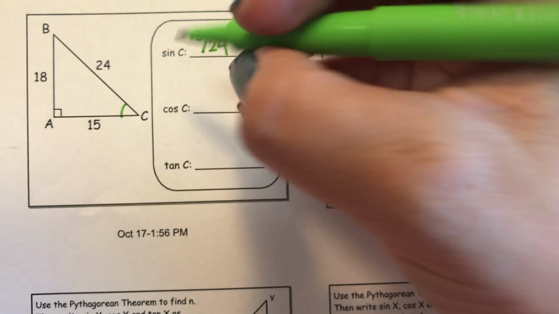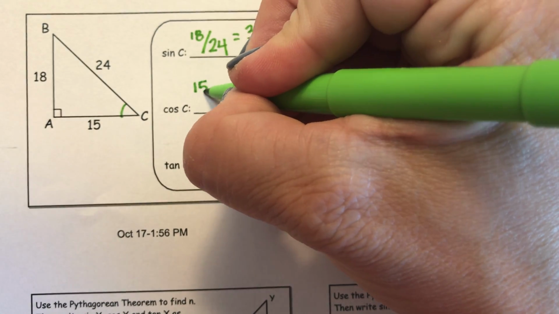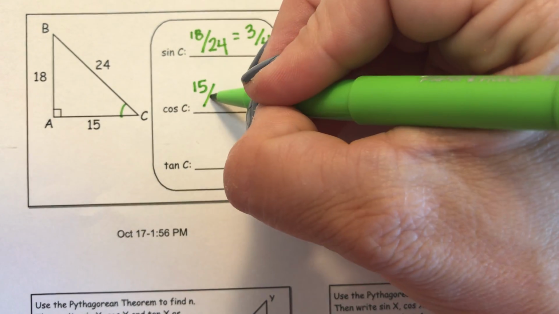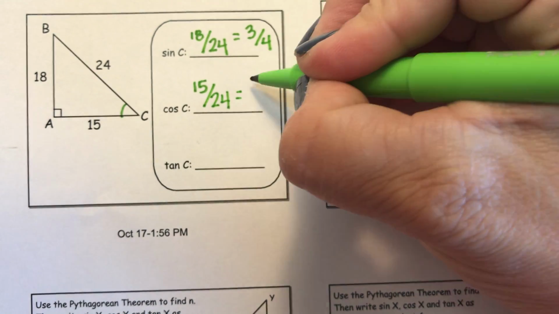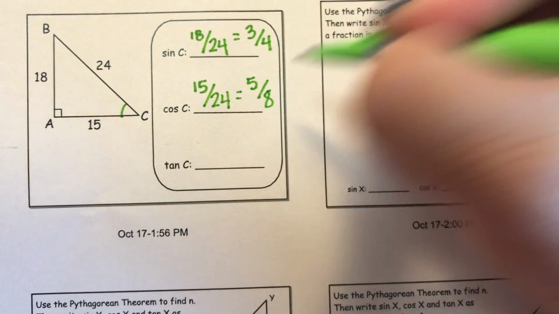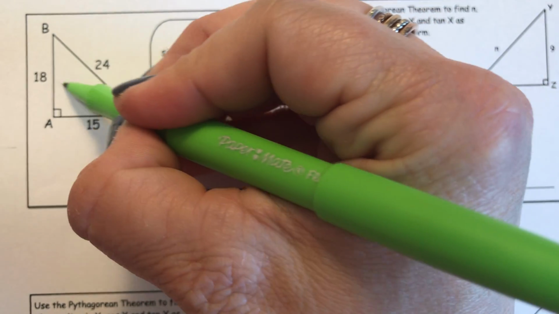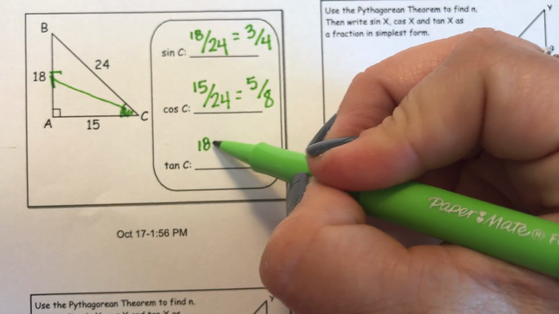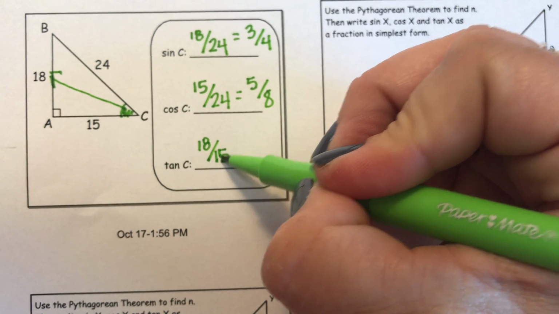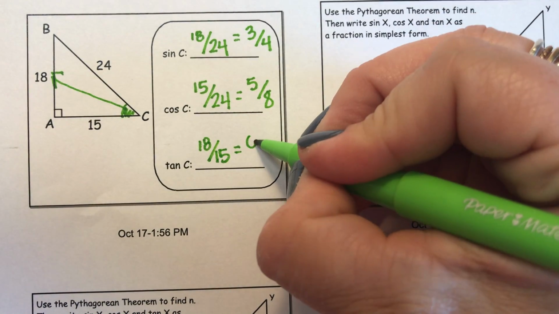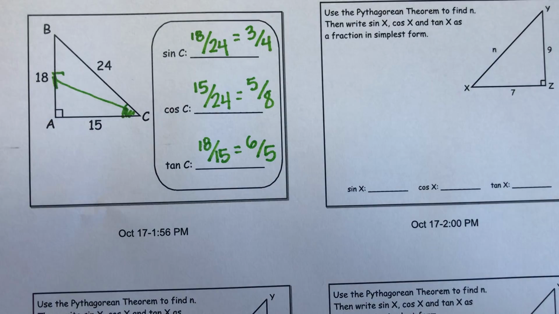Cosine is adjacent, so the side next to it is 15, over the hypotenuse, 24, so that becomes 5 over 8. And then tangent for angle C is the side opposite over the side adjacent. Those are both divisible by 3, and so that becomes 6 over 5.